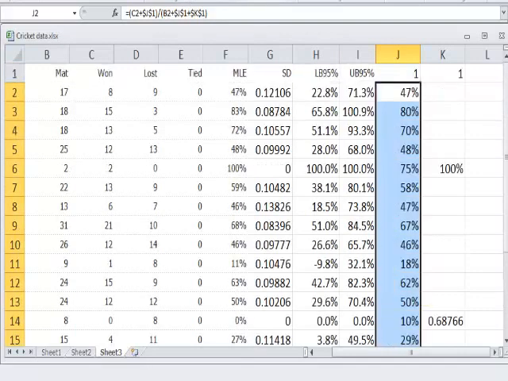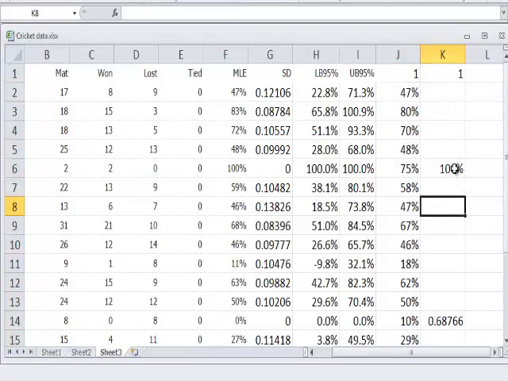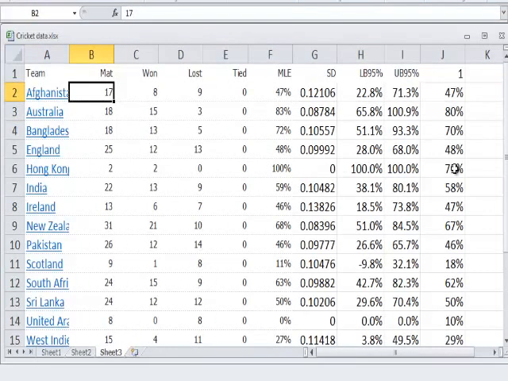Anyway. Okay, this is the Bayesian estimator, and now you see here it's 47% for Afghanistan.